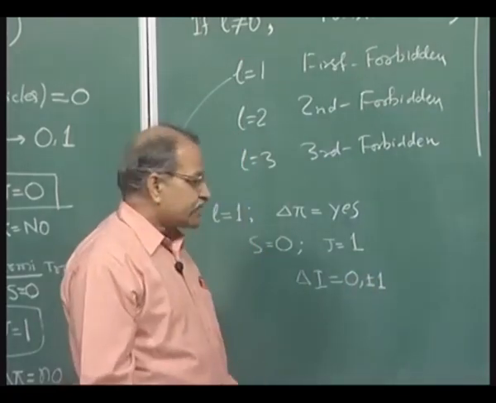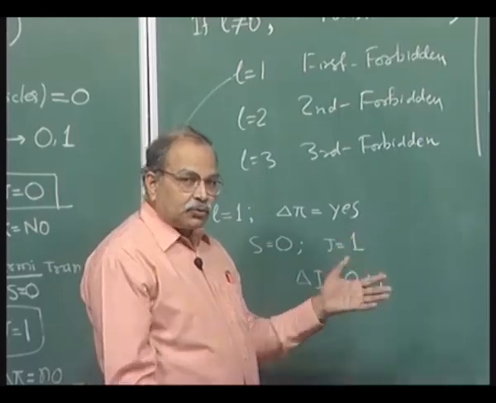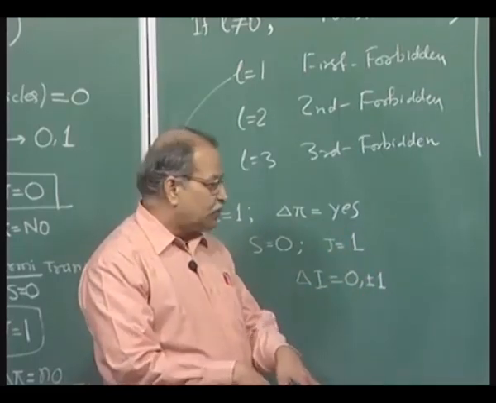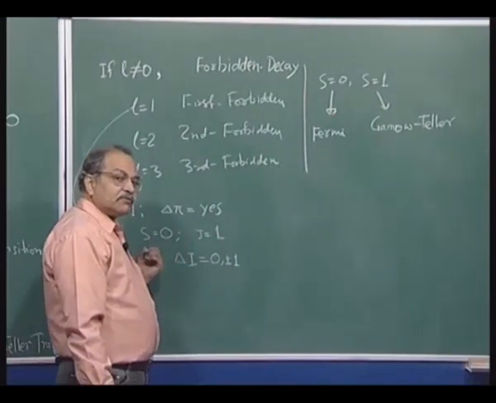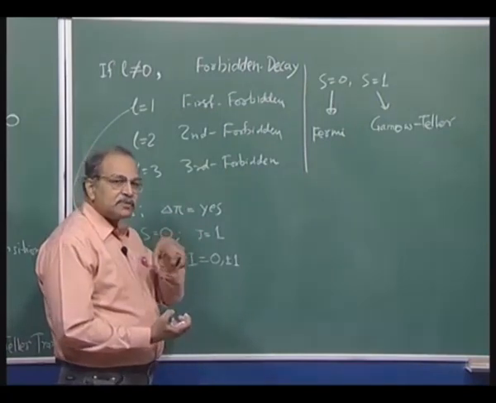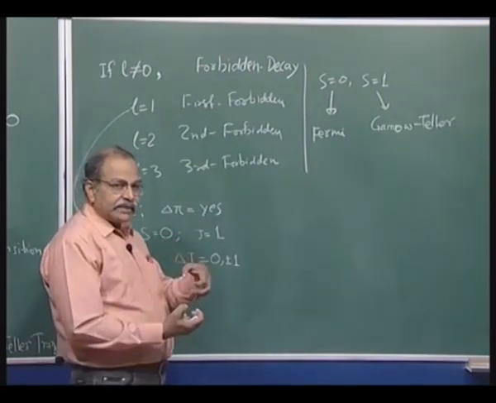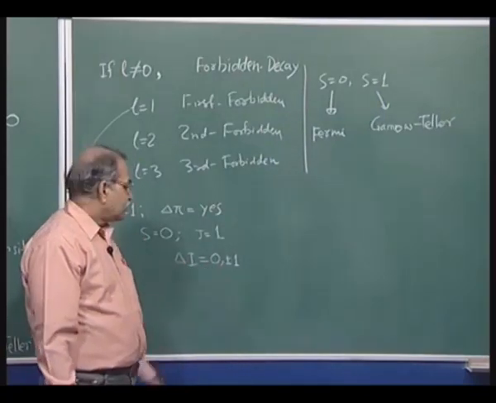We have just discussed this. The two outgoing particles together with the daughter nucleus angular momentum should become equal to the angular momentum of the parent nucleus, and therefore the change in angular momentum of the nucleus, which we write delta I, should be 0 or plus minus 1.